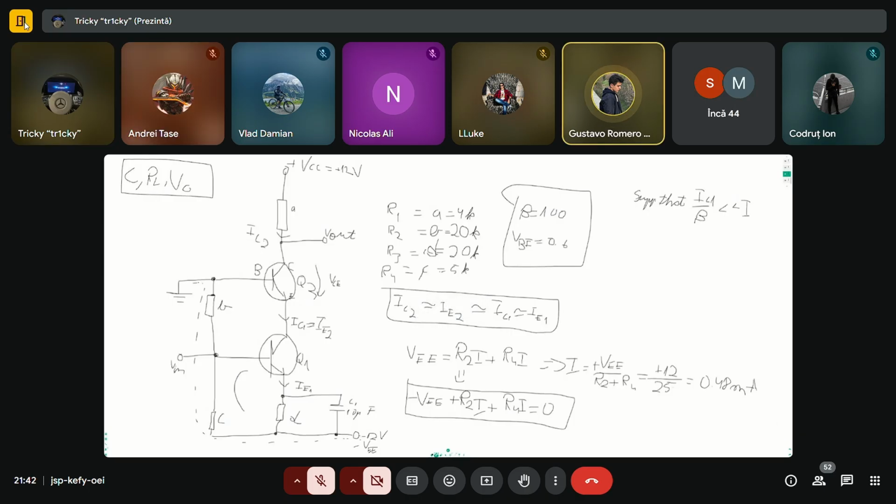Sorry, one question. It's more of a general question for the exam, but did the professor say anything that will be asked in the exam? Specifically, no, but he said what we're gonna have is one circuit with diodes and one with transistors. And for the theory, it's just standard theory. There's not that many things he can give.